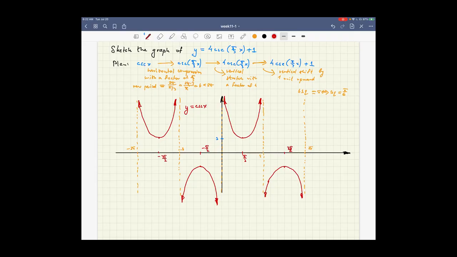Now, when we horizontally compress it, the period will be 6 instead of 2 pi. And for instance, the vertical asymptote pi will in fact be vertical asymptote x equals 3.